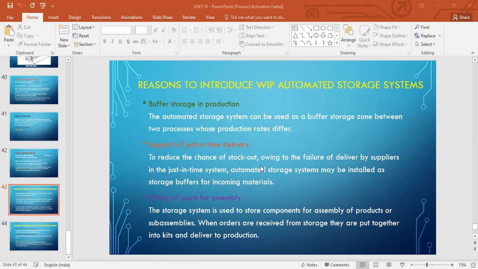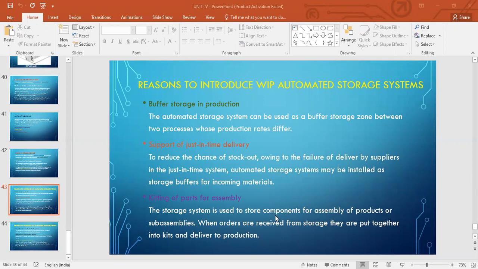But to be able to manage the risk, owing to the failure of delivery by the suppliers in a just-in-time system, these storage systems may be installed as storage buffers for incoming materials. So that we don't have this problem of stock out, that there is no stock supply and the production order is yet to be delivered. And then kitting of parts for assembly.